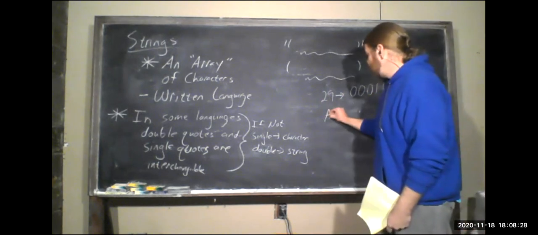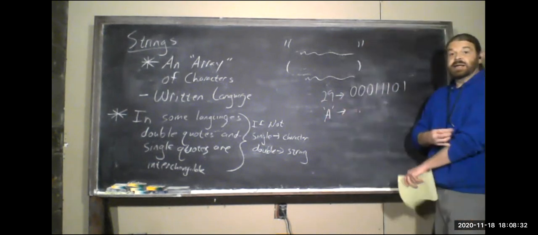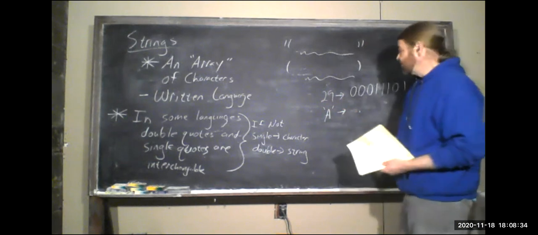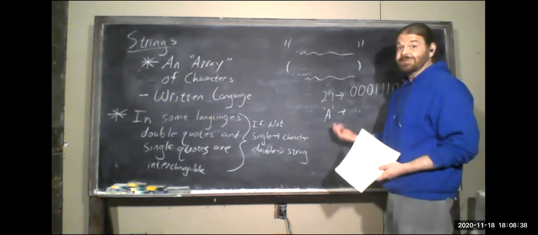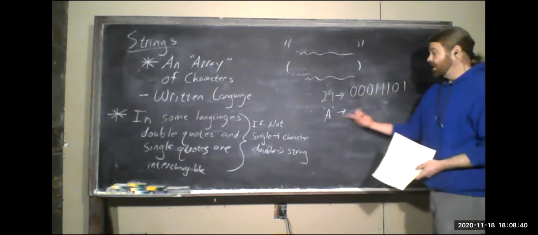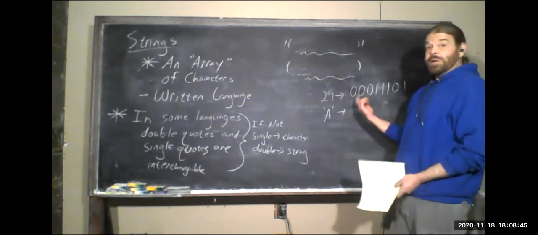Or a capital A, just the character A, the ASCII code, which happens to be the first 255 bits of Unicode, so we don't really use ASCII code anymore. Pretty much everything's Unicode now. So that would be number 65.